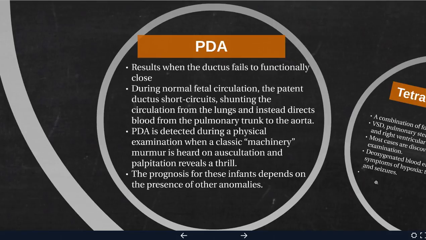PDA is a patent ductus arteriosus, and this results when the ductus fails to functionally close. So basically what happens is when the baby takes its first breath after birth, it closes off a bunch of valves that were open to allow for circulation during being in utero.